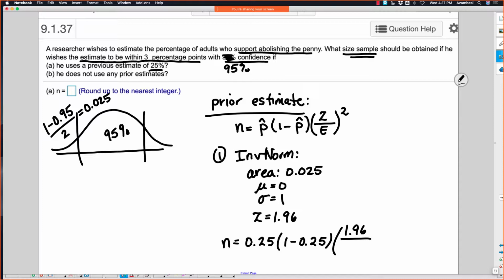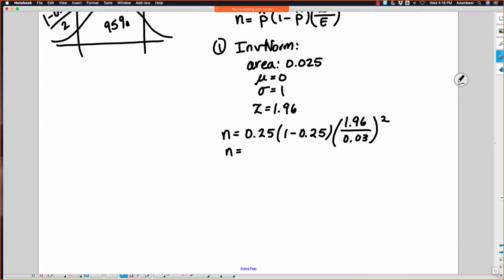So 3 percentage points, or 3%, or 0.03. And it's squared. So we plug that into our calculator. 0.25, 1 minus 0.25, and then 1.96 divided by 0.03, and that last piece is squared. Gives me 800.33333.